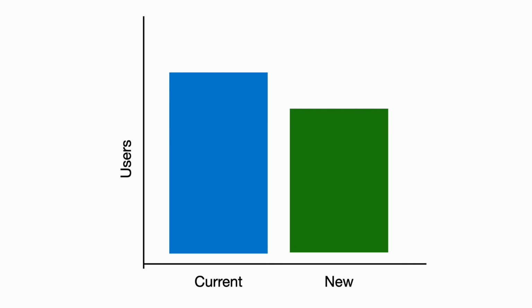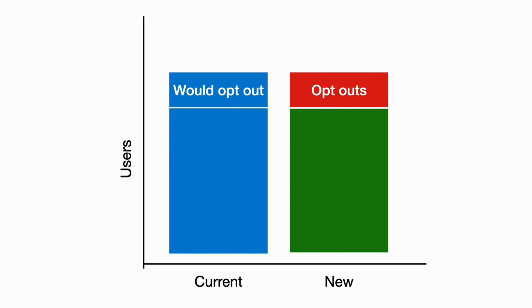But, and this is the bit we didn't think of, what about the people that would have opted out if they were in the new group, but they didn't because they didn't need to, because they didn't see the drop-down? They didn't get the new feature, so they never felt inclined to go along and opt out. And this would have been the same type of user who did opt out when they were in this group. So you can imagine, is this making sense?